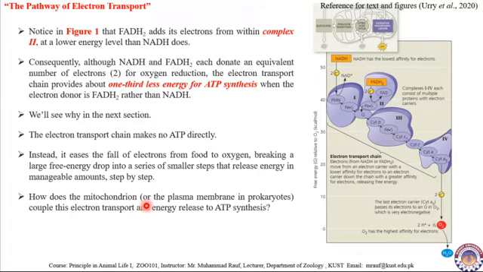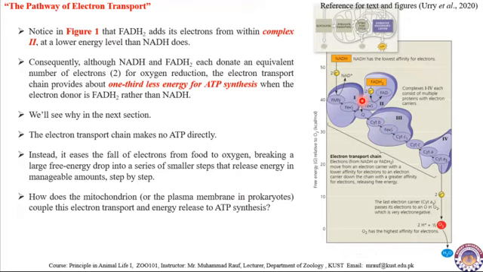How does this occur in the mitochondria or the plasma membrane in prokaryotes? Now remember that prokaryotes lack mitochondria, but these complexes are embedded in the plasma membrane of prokaryotes.